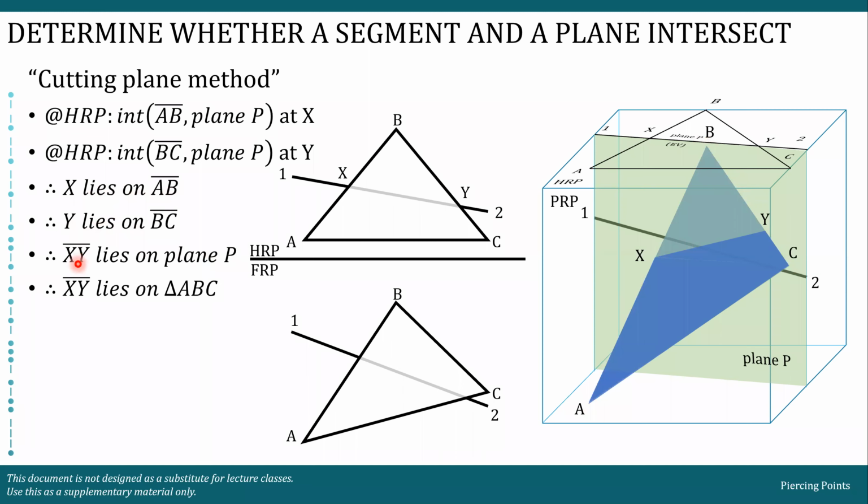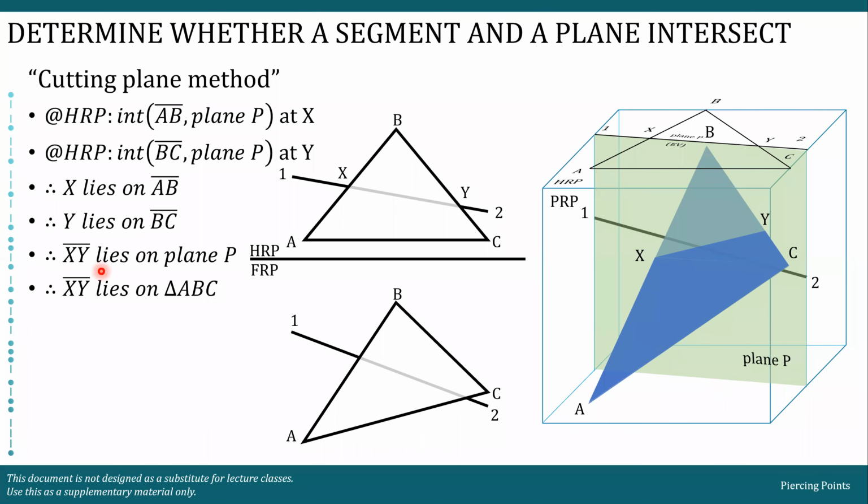Ano pa? XY lies on plane P. Kasi kung si XY ay intersection ng plane ABC at saka ng plane P, therefore XY is on plane P. At the same time, it is on plane ABC. Gets ba yun?